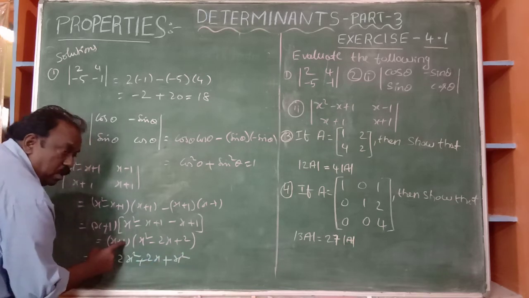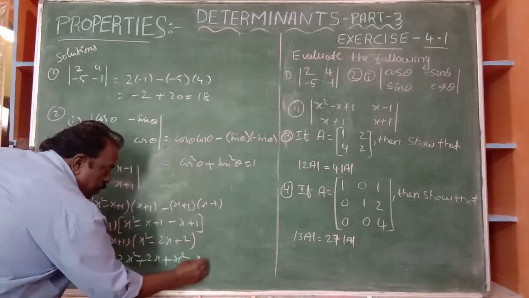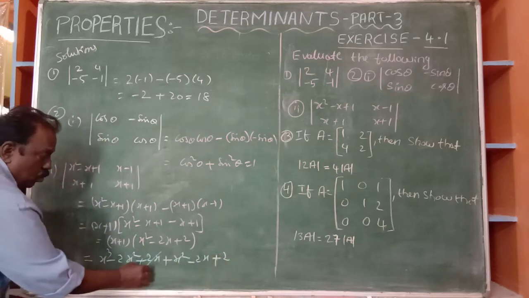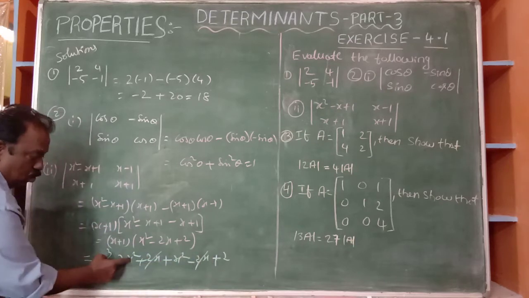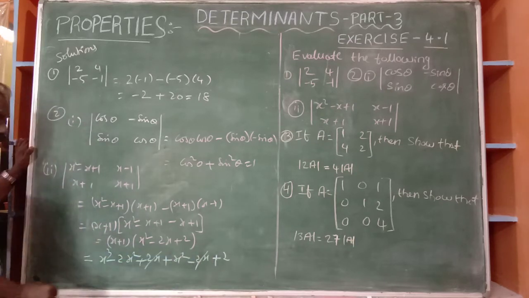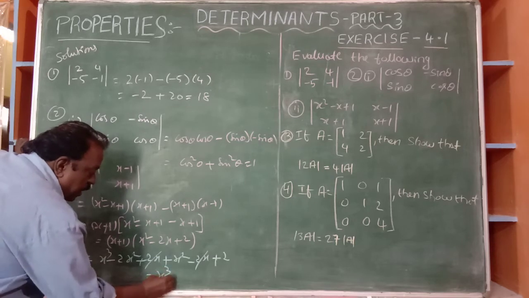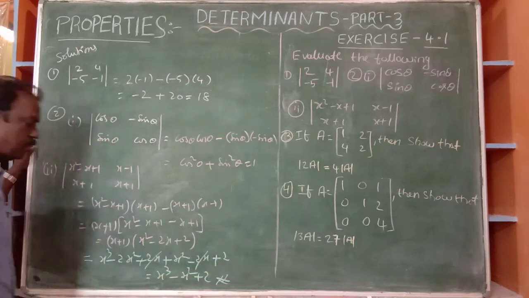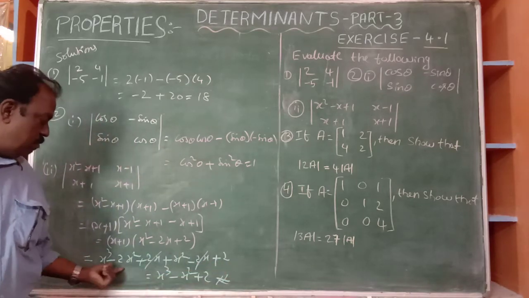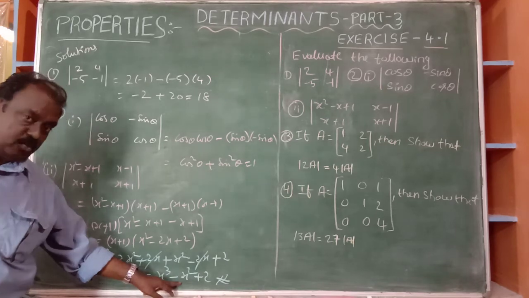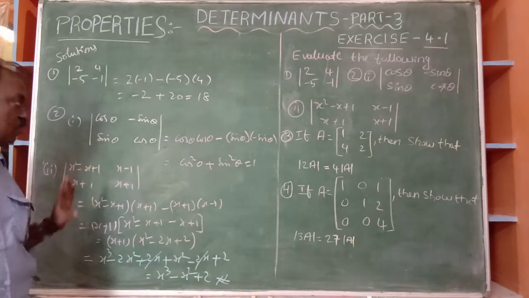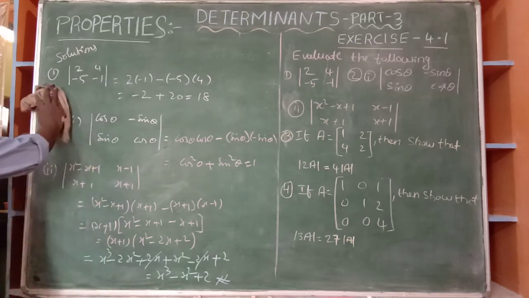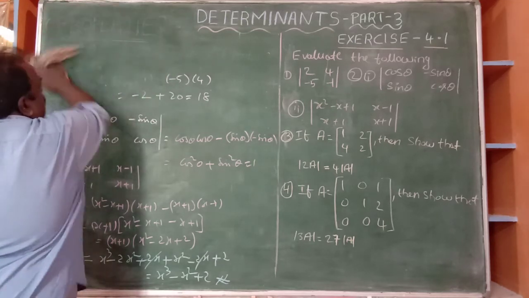Again plus 1 multiplied with x square minus 2x plus 2. The 2x cancels, minus 2x square plus x square is there. So it is simply x cube minus x square plus 2, what we needed. Now x cube minus 2x square plus x square, minus x square remains, plus 2 constant is there. That is the thing. Okay, now next.